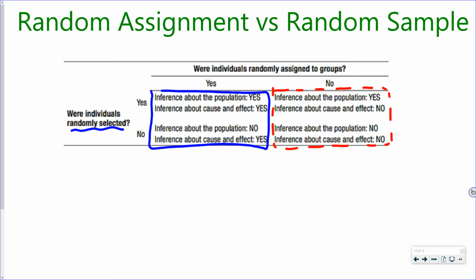So note, we can't make inferences about causes and effects if there was no random assignment of these groups. The only way we can make inferences about whether something causes something is if we have an experiment, and that includes the random assignments.